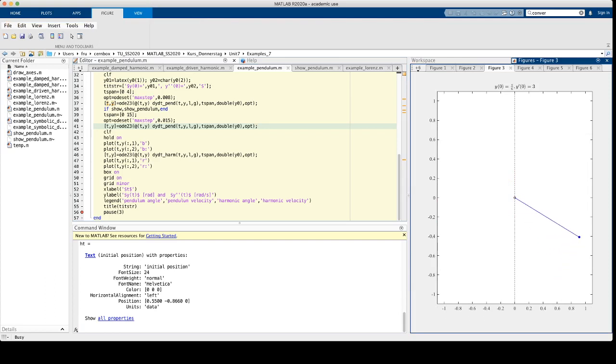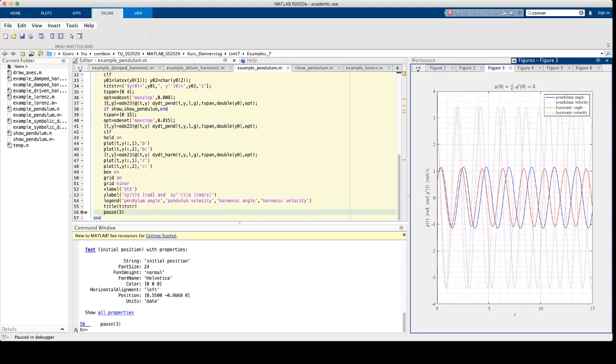Now the initial velocity is 3, so the pendulum moves counterclockwise from its initial position. Again, we see a larger difference between the pendulum and the harmonic oscillator.